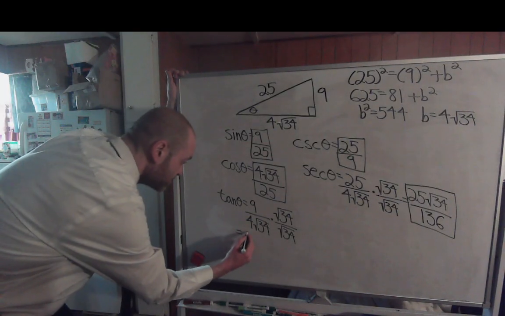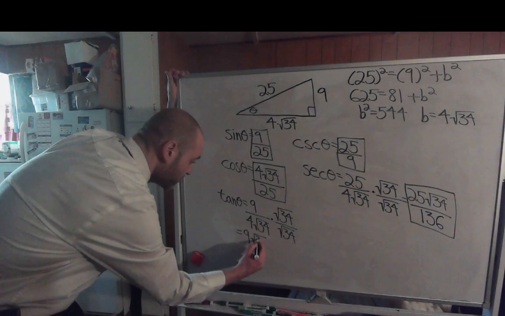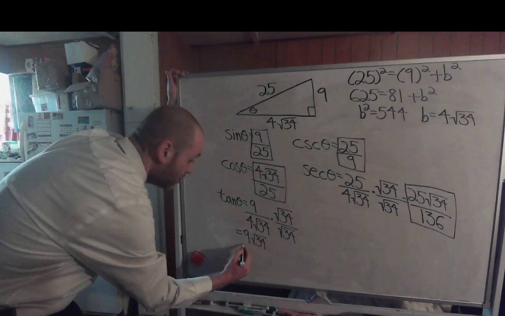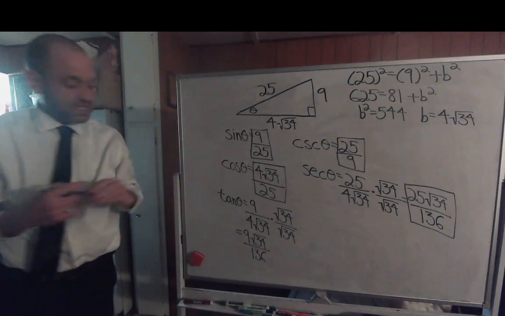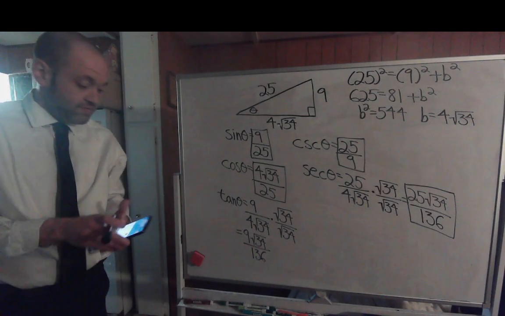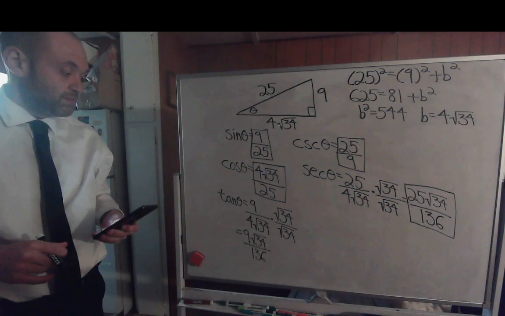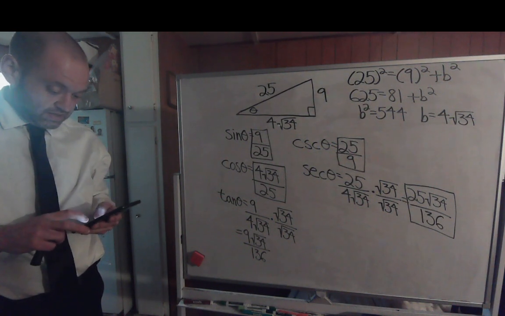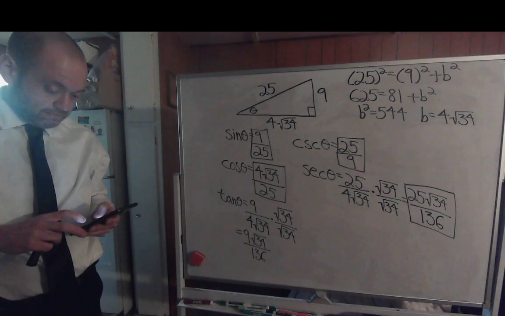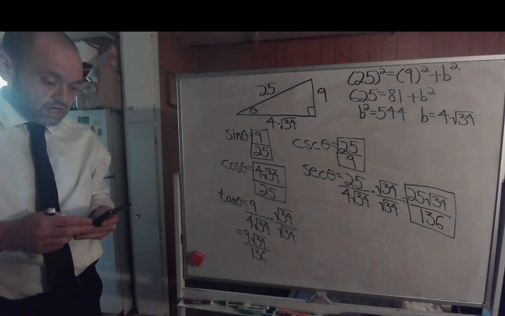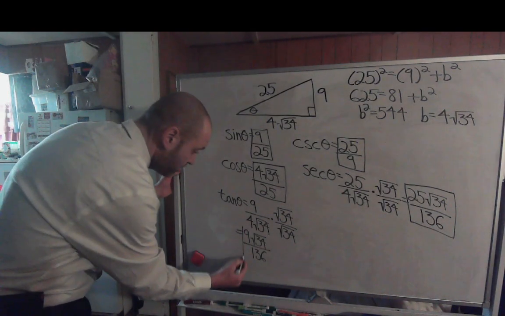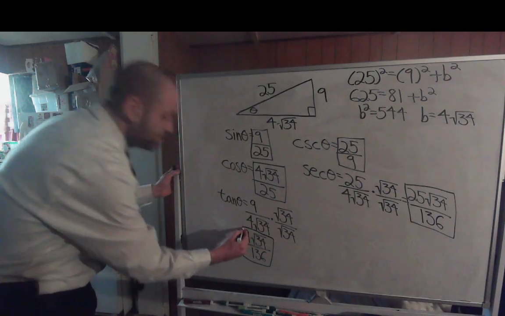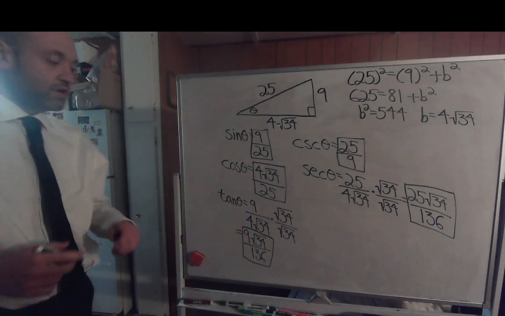So this would turn into 9 times the square root of 34 all over 136. And let me see if any of this breaks down, if the 9 and 136 can somehow simplify. Nope, they do not simplify. So your tangent will be 9 times the square root of 34 over 136.